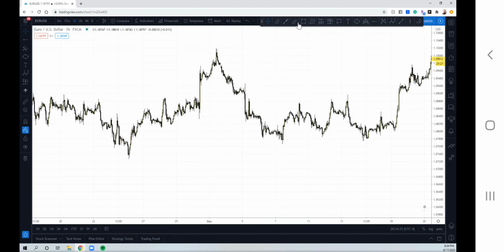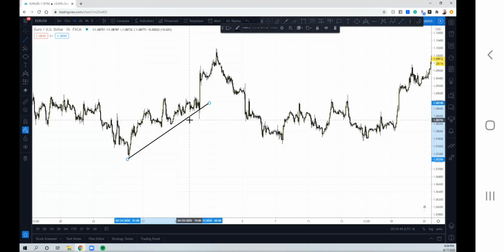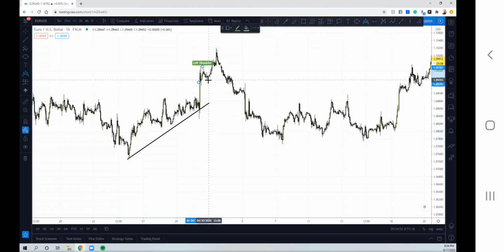So as you can see, we have an uptrend. That's our first prerequisite to this form. It came up, made the left shoulder, made the head here, and made a slight right shoulder here.